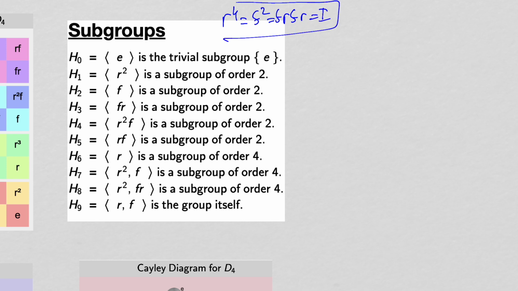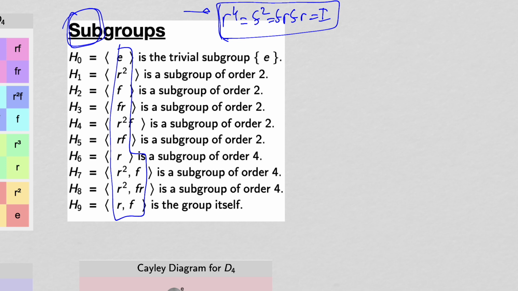This is the presentation, and that's true always. So if you're dealing with a subgroup, you can leave that out because the presumption is that you know the relations for the group. So now all you need to do is talk about what the generators of the subgroups are.